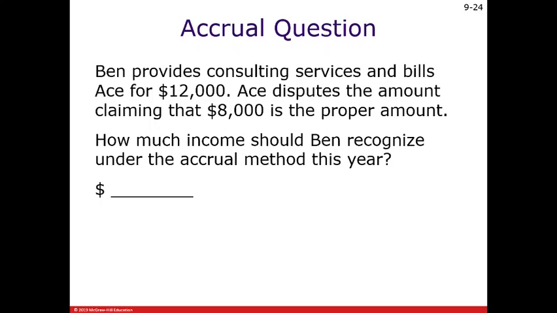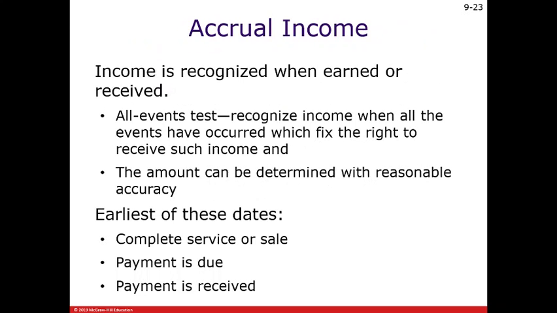But that second prong, the amount of income that can be determined with reasonable accuracy, is in dispute. Well, even though Ace disputes the $12,000 amount, they do agree that they owe at least $8,000. So at this point, Ben can recognize $8,000.